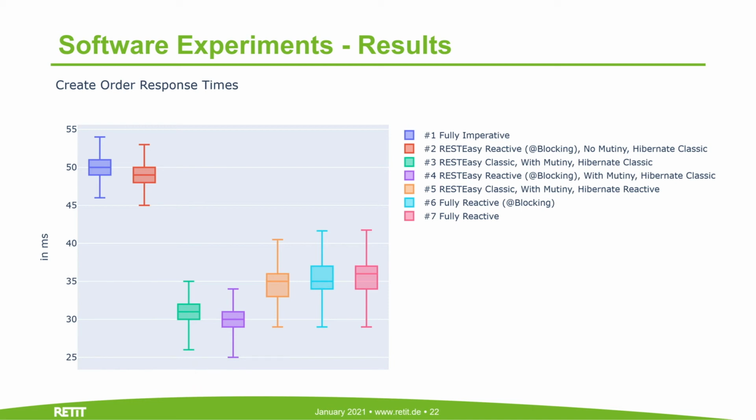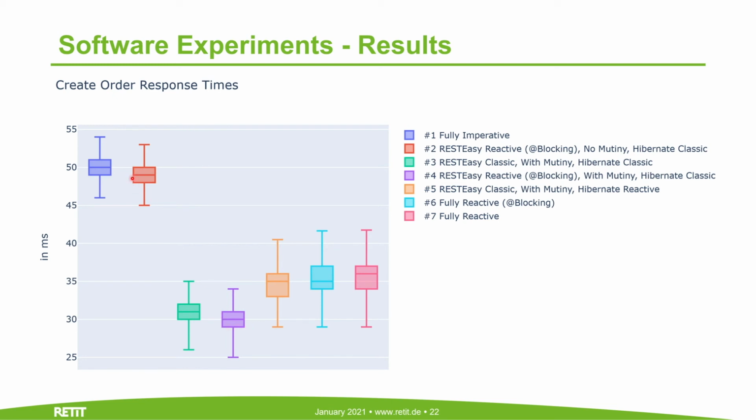Mutiny also seems to give you a significant performance gain. If you look at the variation number 2, which is the top one here, and variation number 4, the one here, the only difference is Mutiny. And if you compare the mean response time, if you use Mutiny, you have 31 milliseconds of an average response time.